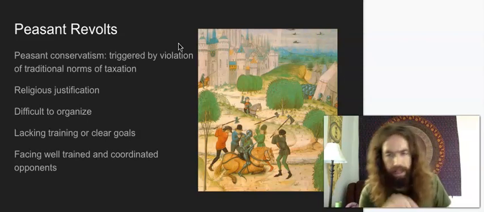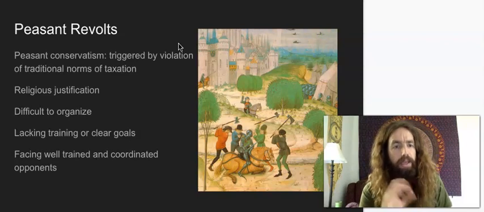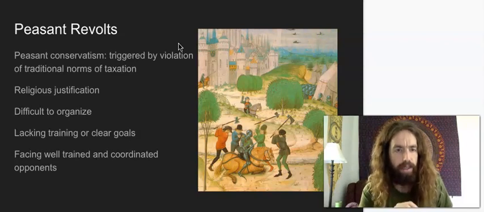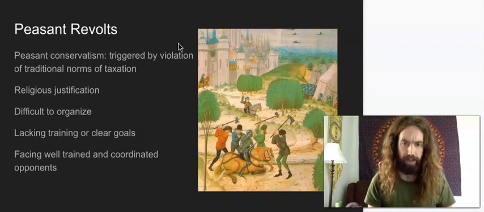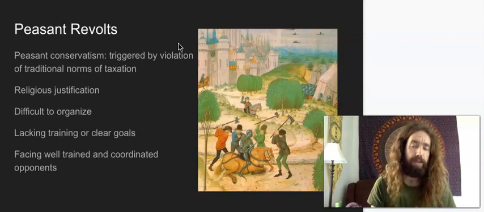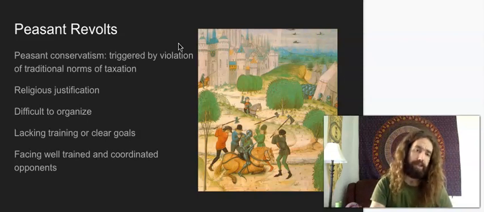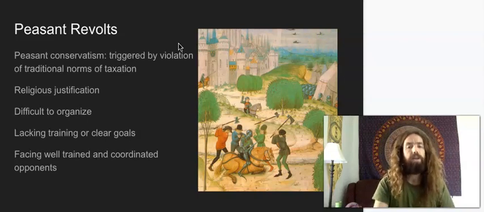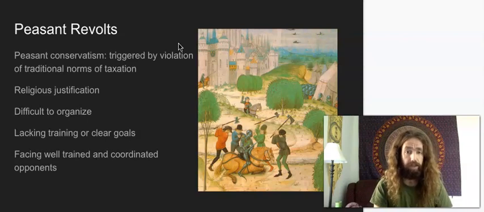A second thing is that the peasants will pretty much always justify their revolt using religious terms, but they're not actually usually upset about religious stuff. They're usually upset about bread and butter issues, because remember, the peasants live on the edge of starvation. So any change could potentially mean the death of one of their children, or the starvation of their entire family.